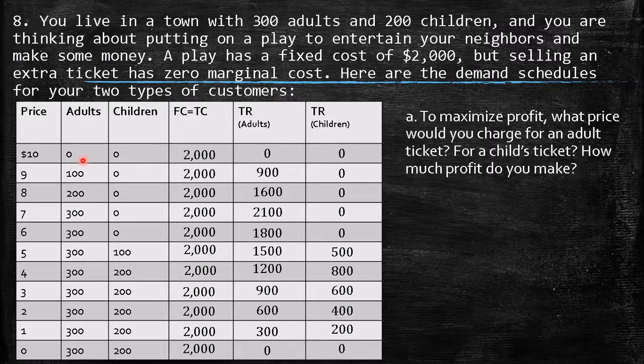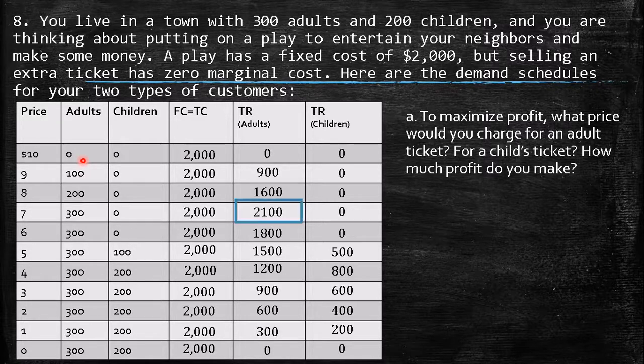Then the first question says, to maximize profit, what price would you charge for an adult ticket? Remember that the total cost is constant, so we're just going to have a look at the total revenue.